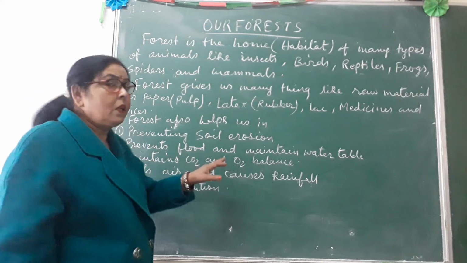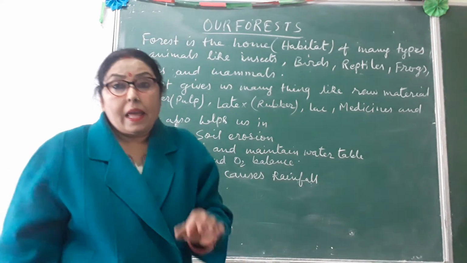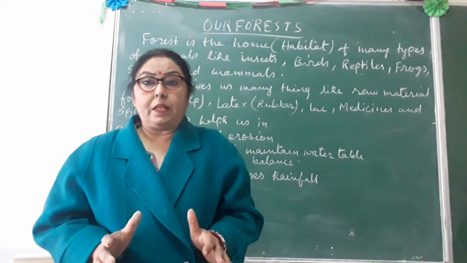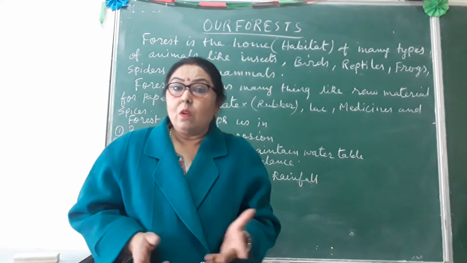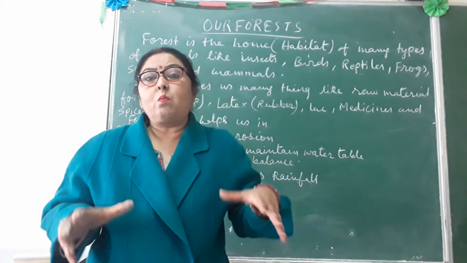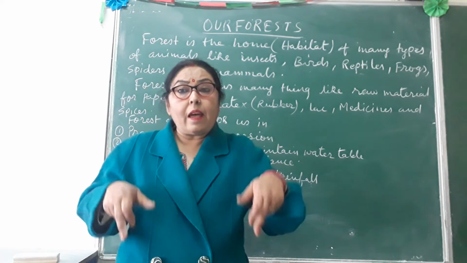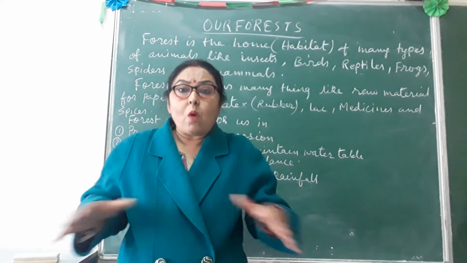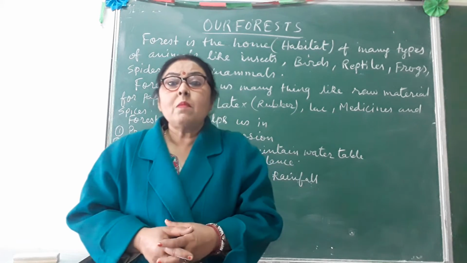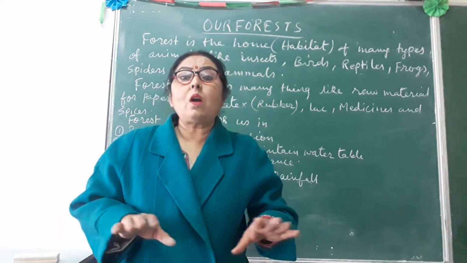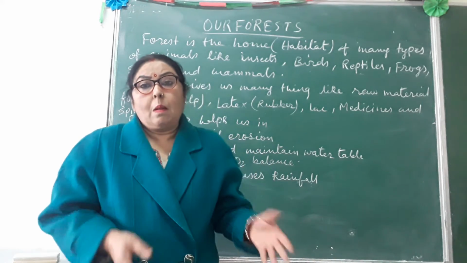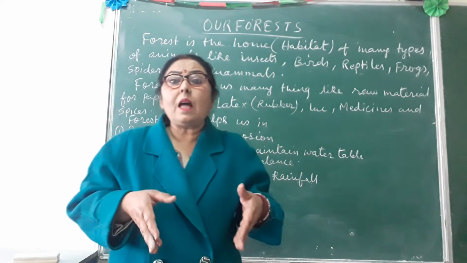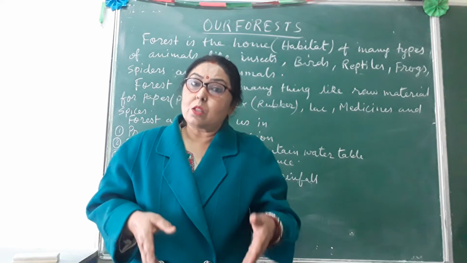So the water table is maintained and flood is prevented by the forest. How? The roots of the trees bind the soil, and these have pores also. So if a flood comes in the forest, it will not harm the trees. It will recharge the water table by seeping through the roots of the soil.